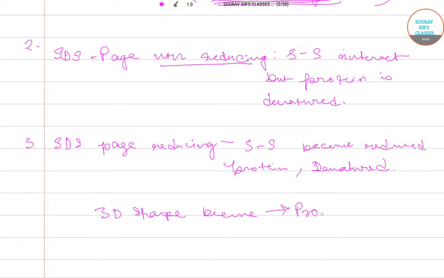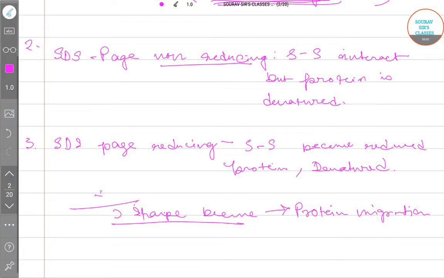The protein's migration is dependent on the 3D shape in native PAGE.